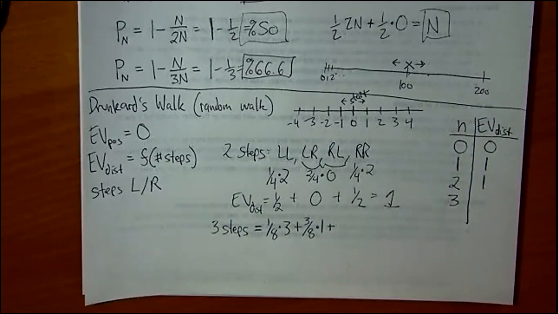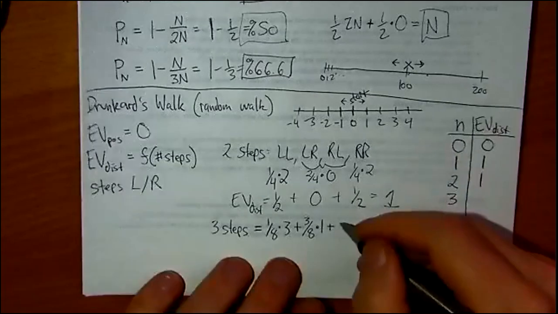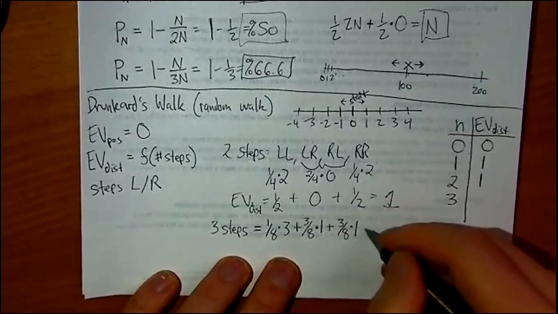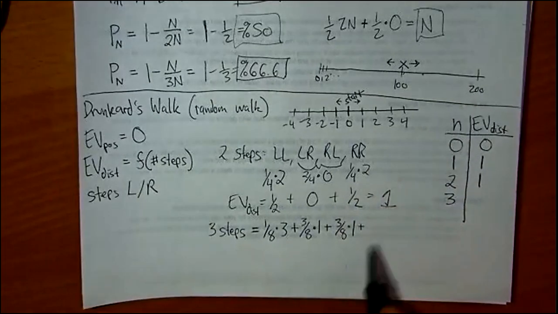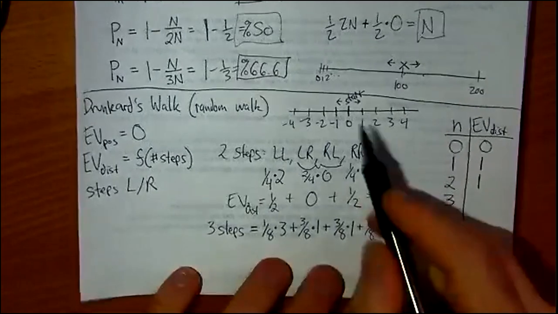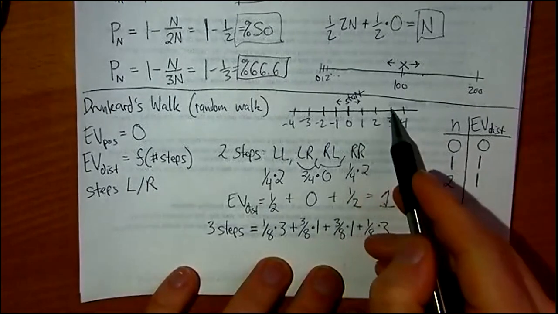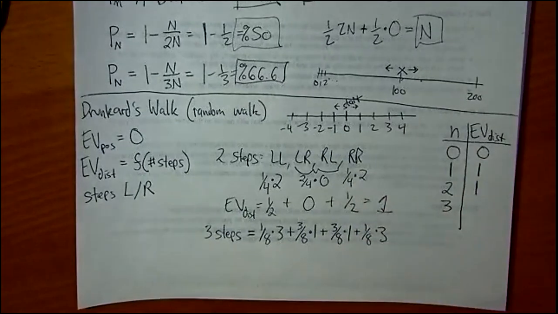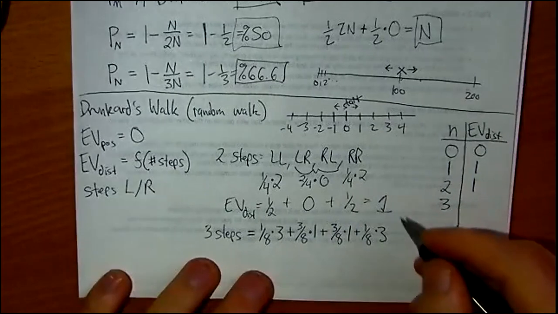Good, 3/8 times 1 again. Same thing, just on the other side, sort of the mirror image of the left-facing one. And speaking of mirror images, what's my last value going to be here? 1/8 times 3. Because I could go right, right, right, which gets me all the way over to 3, and there's a 1 out of 8 chance that that happens. What's my grand total?